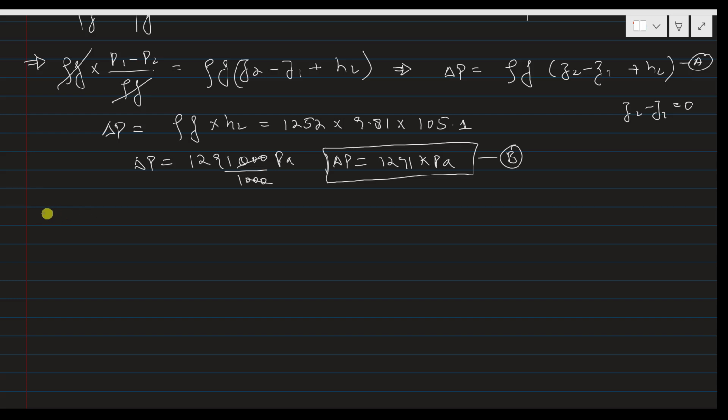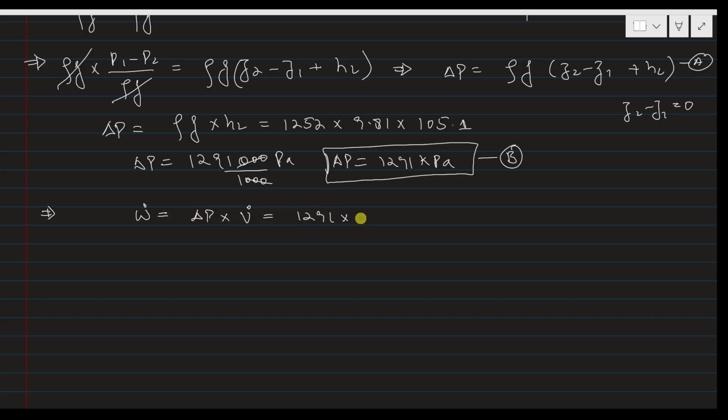Well, next we need to find the work input required from the pump, that is W, and it is equal to the pressure difference of the pipe multiplied by the volume flow rate. So what is the pressure difference? That is 1291.